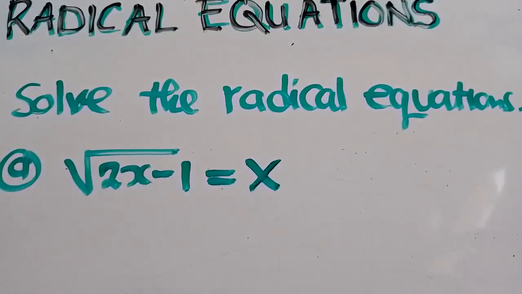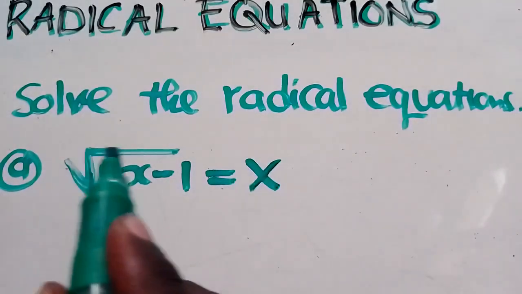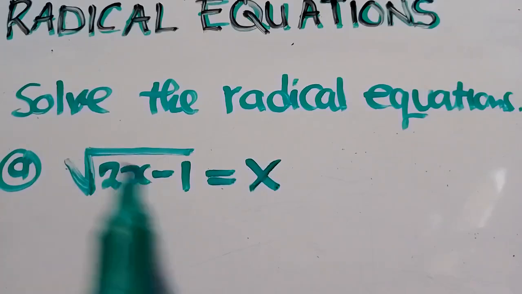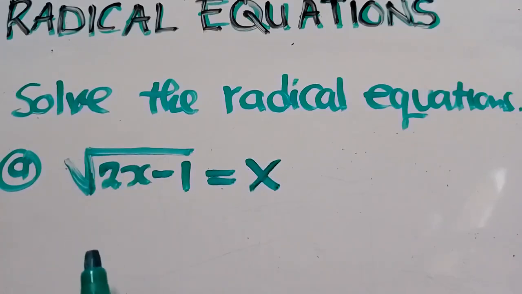So you check. The first one is, I said, you isolate. So you check, is this variable which is under this radical isolated? The answer is yes, because it is just alone on this one side of the equation. So it is isolated. Step number 2, square both sides of the equation.